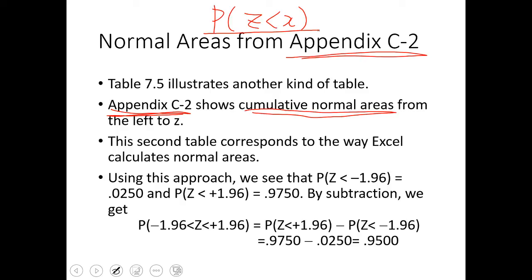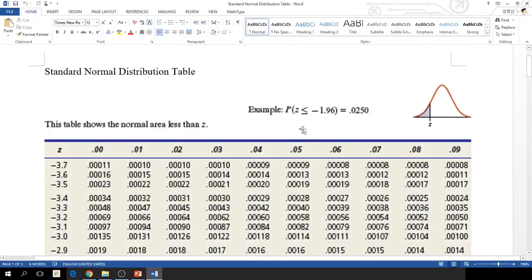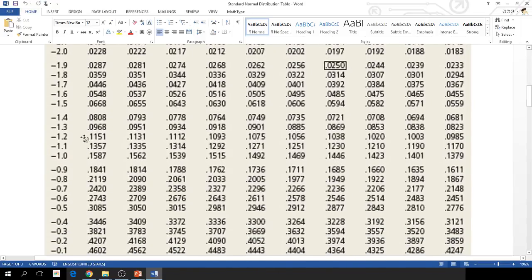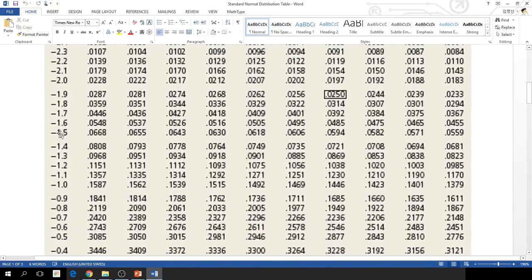So, for example, if you want to calculate the probability that z is less than 1.96 or the probability that z is less than minus 1.96, you find this table and minus 1.9 is here. Can you see it?